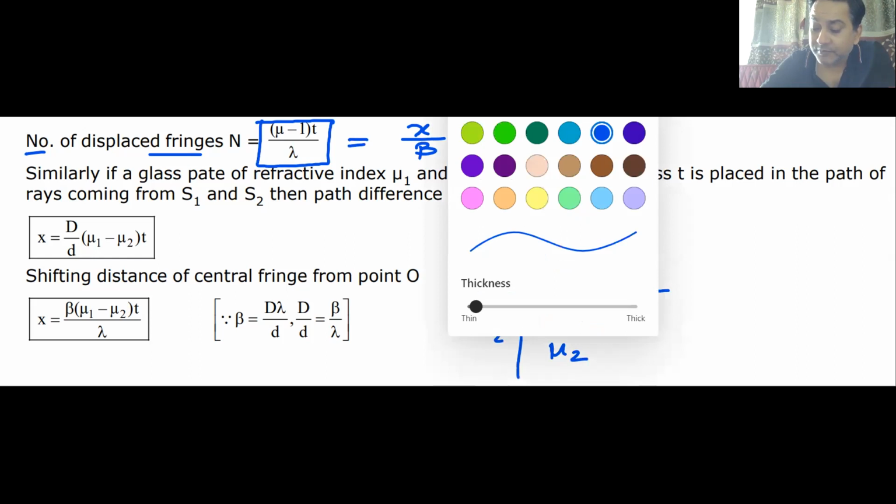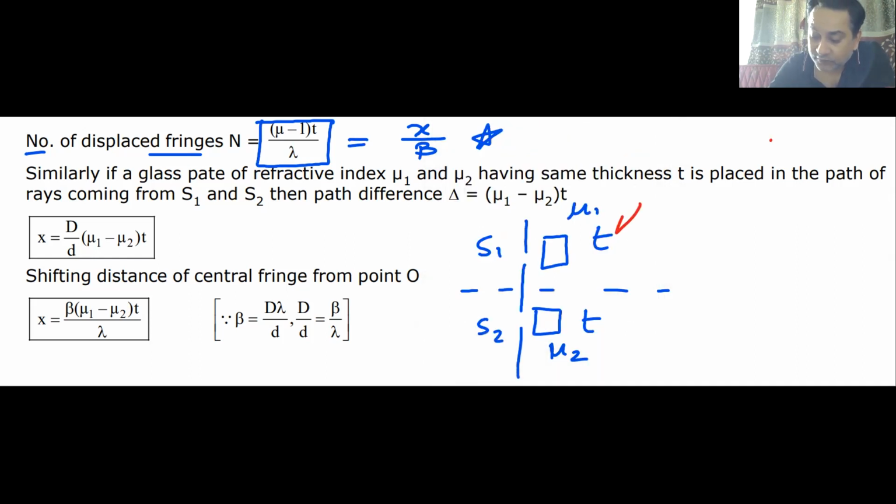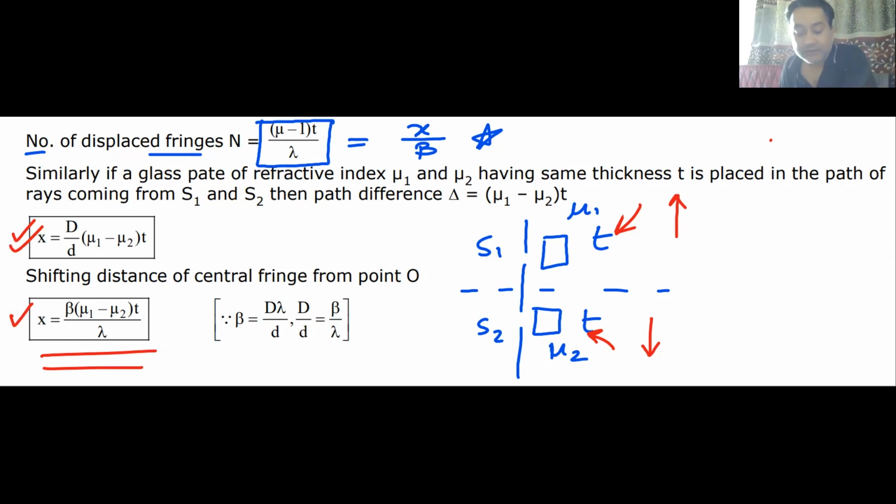Now remember that because of the upper slab, it will shift upwards. Because of the lower slab, it will shift downwards. I hope you understand this. Effectively, the total shift will be given by this formula, beta by lambda into (mu1 minus mu2) t, or you can write it as capital D by small d into (mu1 minus mu2) t.